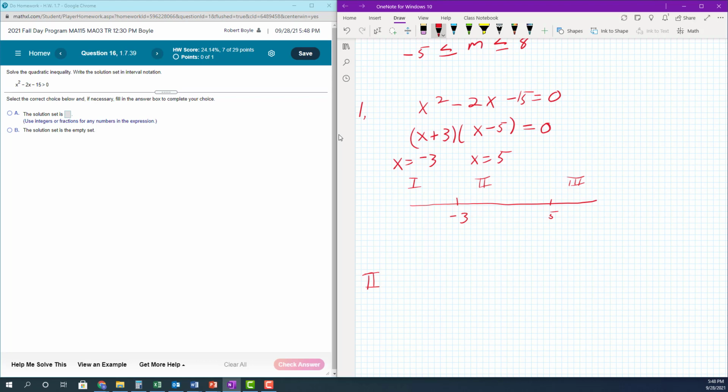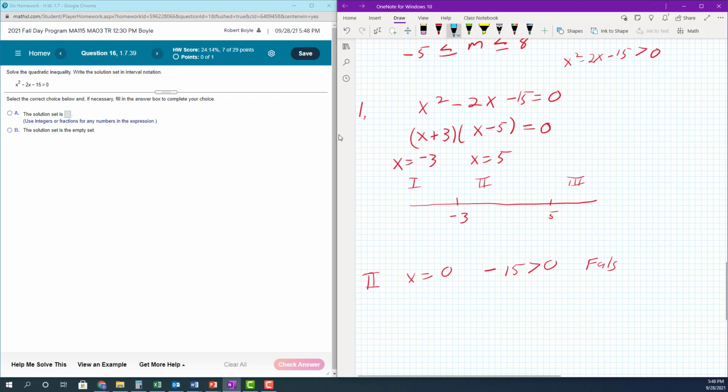And their inequality is x squared minus 2x minus 15 is strictly greater than 0. For interval number 2, since 0 is somewhere in here, we can let x be equal to 0. If that's the case, we have negative 15 is greater than 0, which is false.